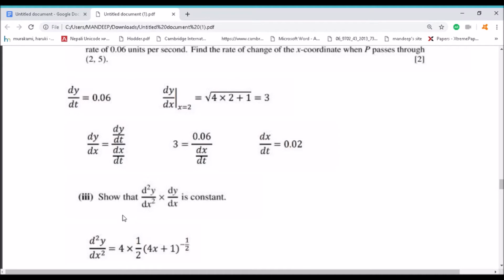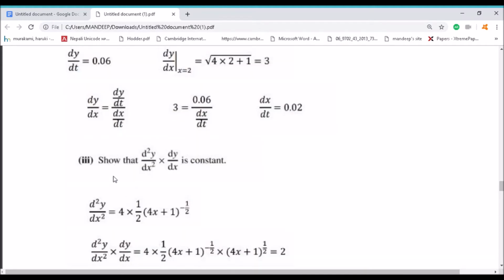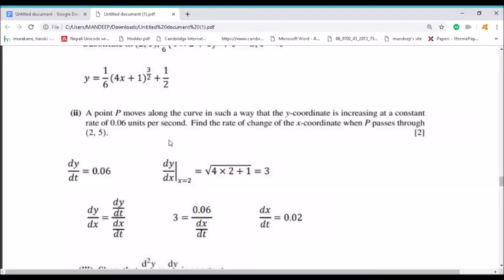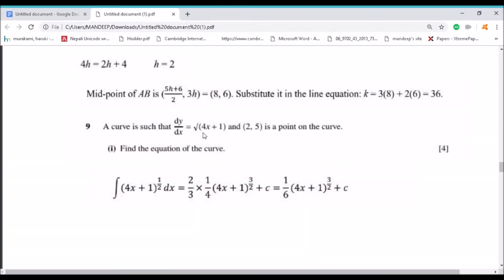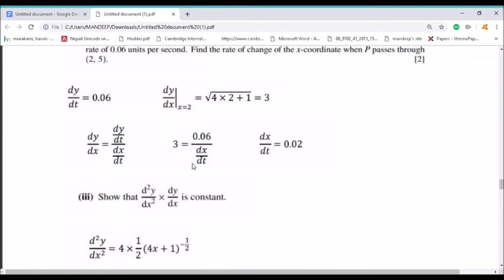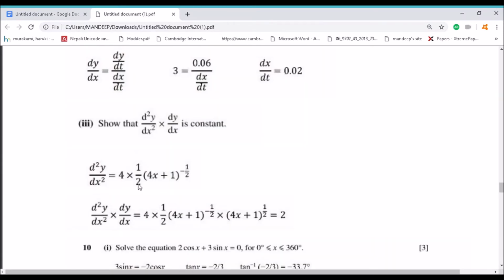So after this we have to show that d²y/dx² times dy/dx is a constant. So we find d²y/dx². We differentiate this part once again to find d²y/dx². So we differentiate that, which is going to be 4 times 1 over 2 (4x + 1)^(-1/2).